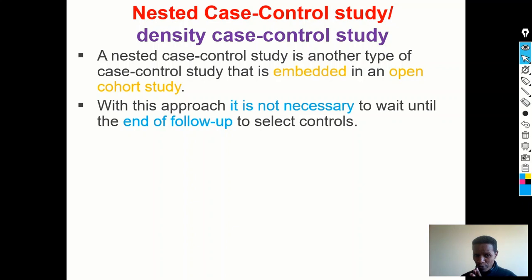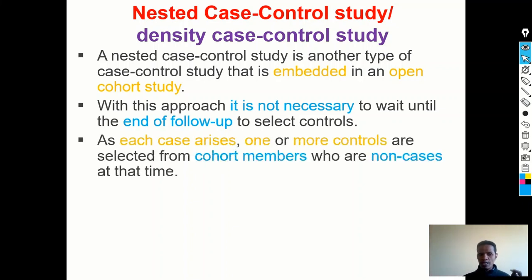So with this approach, it is not necessary to wait until the end of the follow-up to select controls. During the follow-up, as each case arises, as we get a new case, one or more controls will be selected from the cohort members who are free from the disease.